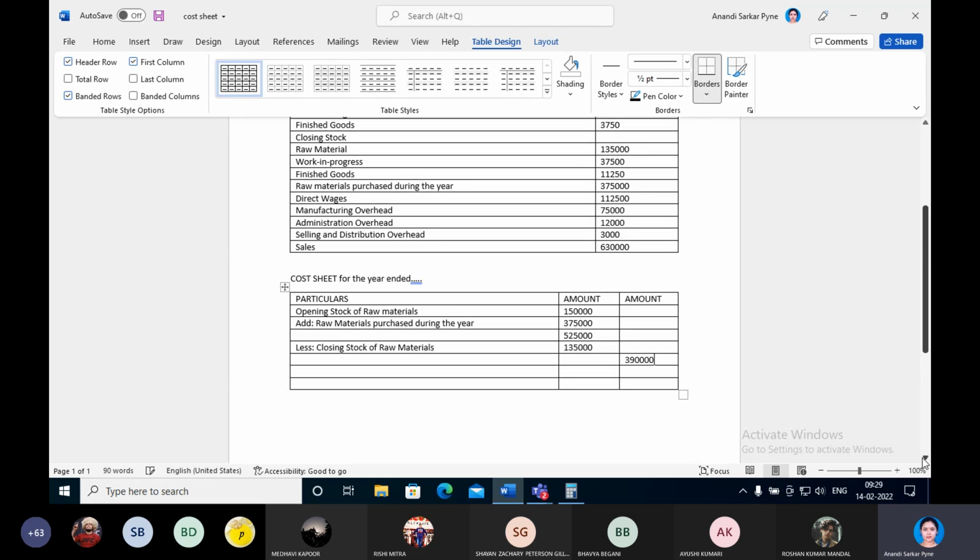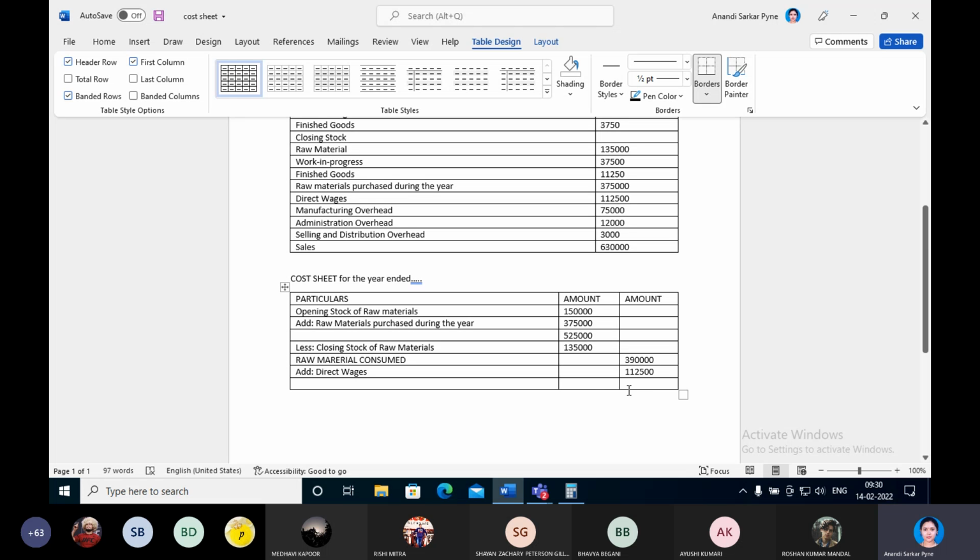So the answer will be 3 lakh 90. This is raw material consumed. Add now all the direct expenses. Direct wages is one of them. We do not have direct expenses in the question, so we will only add direct wages, which is 1,12,500.